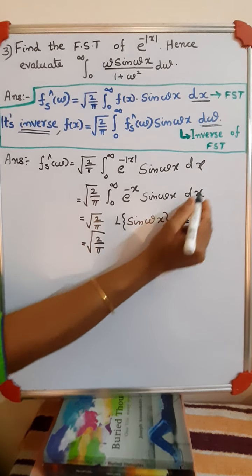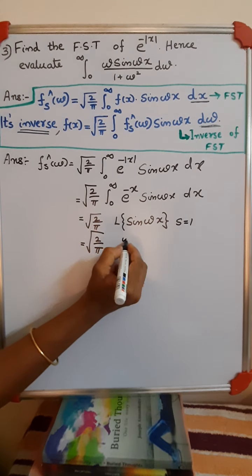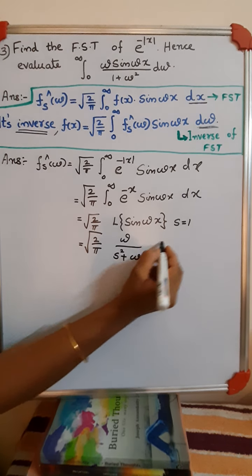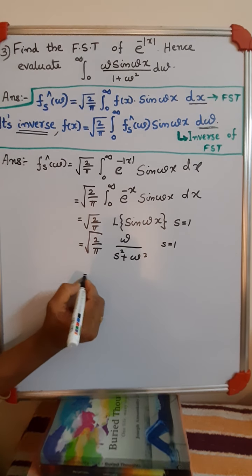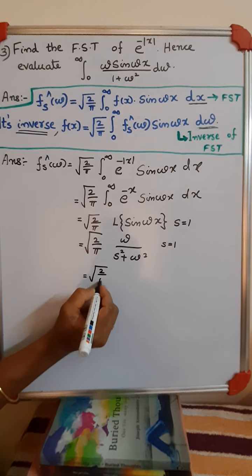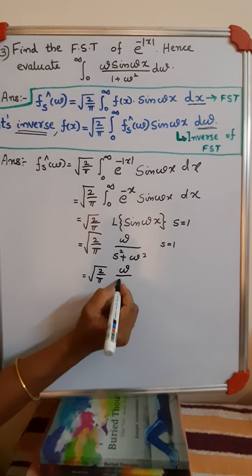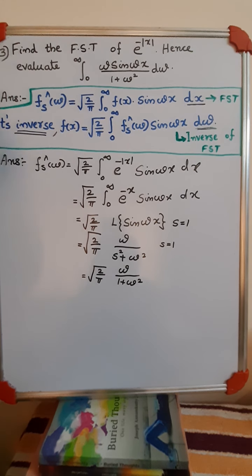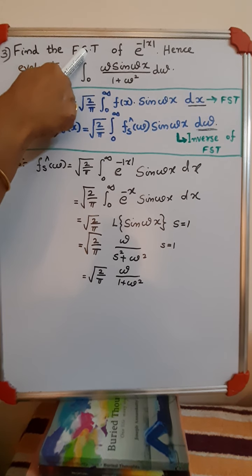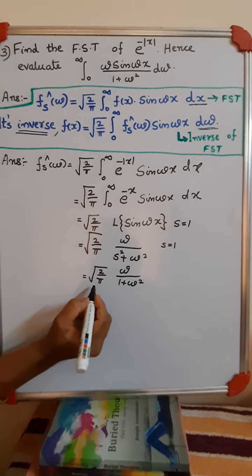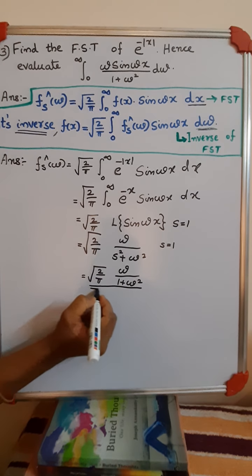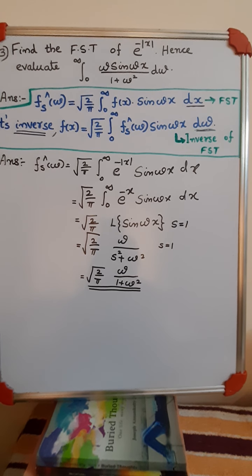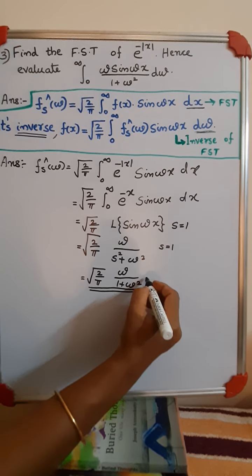The only difference is in the variable. It is omega divided by s square plus omega square, and substitute s equal to 1. That is equal to root of 2 by pi omega divided by 1 plus omega square. So we got our first part. The Fourier sine transform of e raised to minus mod x is root of 2 by pi omega divided by 1 plus omega square. This is the first part.